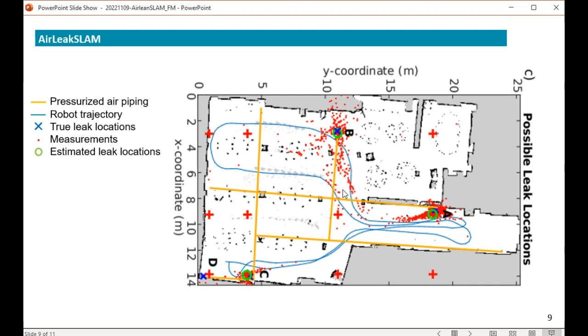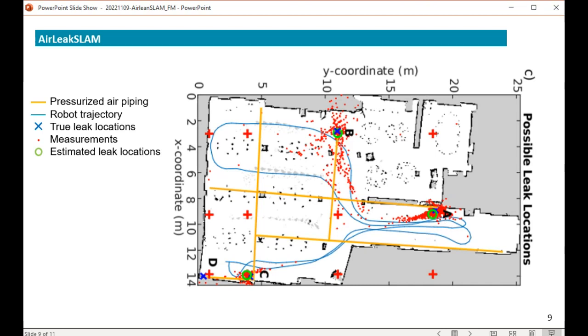The red dots indicate measurements, so where the robot thinks at one point there is a leak. And the actual leaks are indicated by the blue check marks or the blue X's. And the estimated leak locations are the green circles.